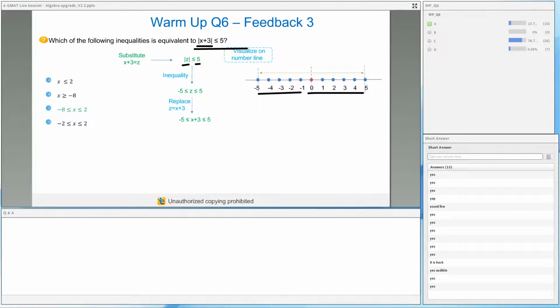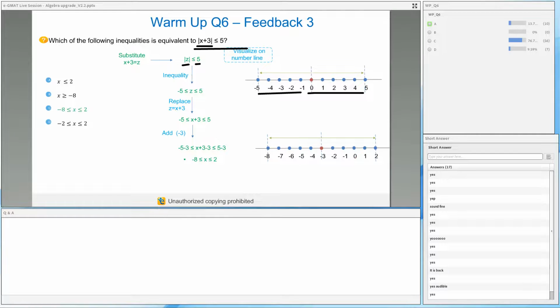So what I'm basically doing is adding -3 both sides, and I'm getting the range of x, which is -8 to 2. Now visualize the same thing in the same way. You have x plus 3. What is your 0 point in case of x plus 3? It's -3, right? If you equate x plus 3 equal to 0, you'll get x equal to -3.